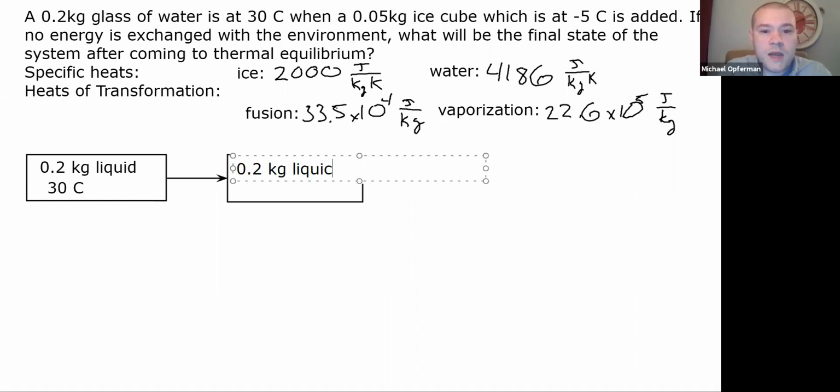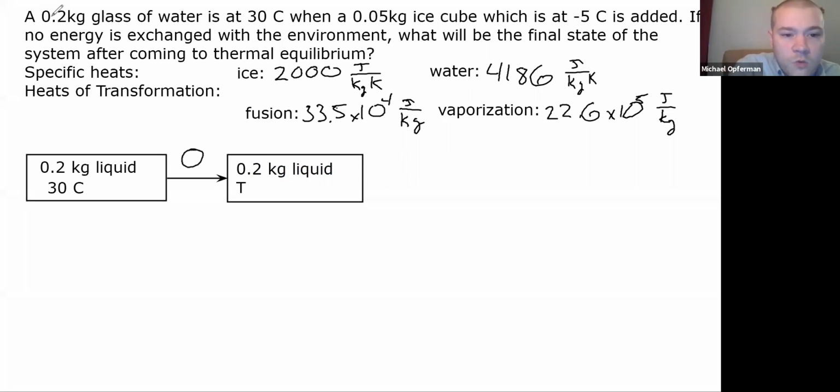It's going to remain as liquid, but the difference is it will reach final temperature. Let's just call it T, the unknown final temperature, okay? And this process is going to have a Q associated with it. We'll call that Q1. And this, of course, is a temperature change, but not a phase change. So that's going to be an MC delta T type of heat.